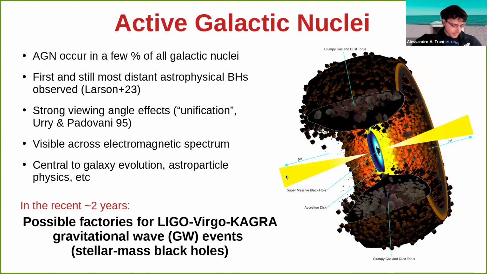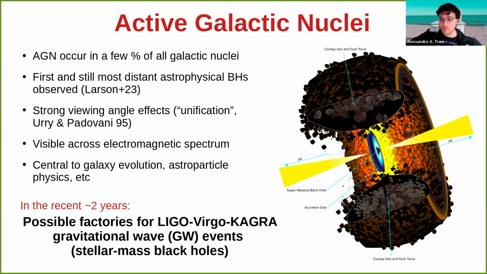Active galactic nuclei, first of all, are very bright sources in the sky. We think they're basically a supermassive black hole that is powered by an accretion disk. The accretion disk is hot, so it emits over the continuum and can be seen at many electromagnetic frequencies.